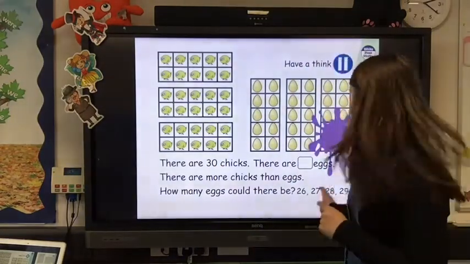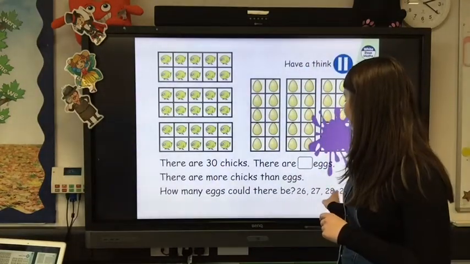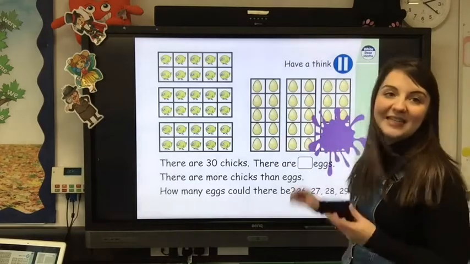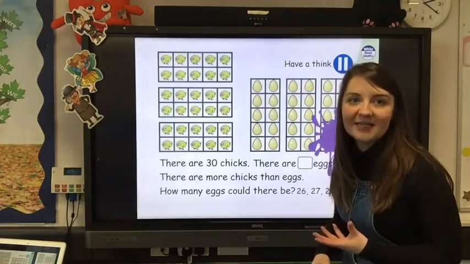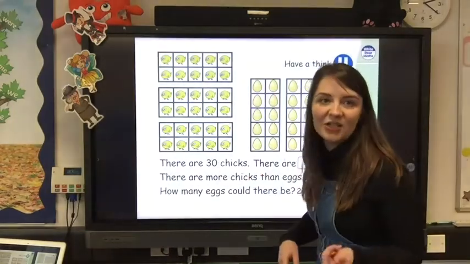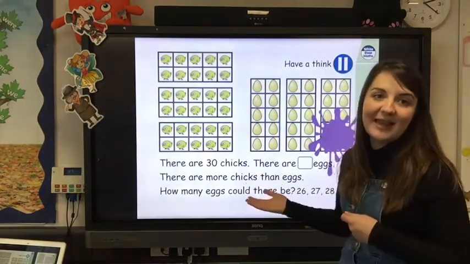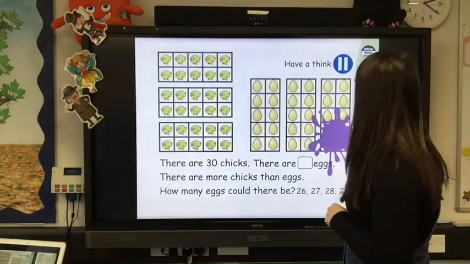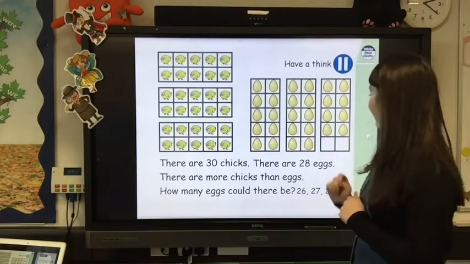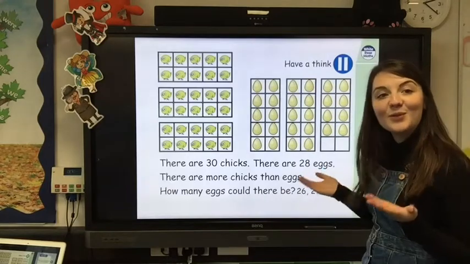We know it's not going to be any less than 26 because we can already see there's 26 there. We know that there can't be 30 eggs because it says that there are 30 chicks and there are more chicks than eggs. So a bit of problem solving for us to do there. And there was 28.